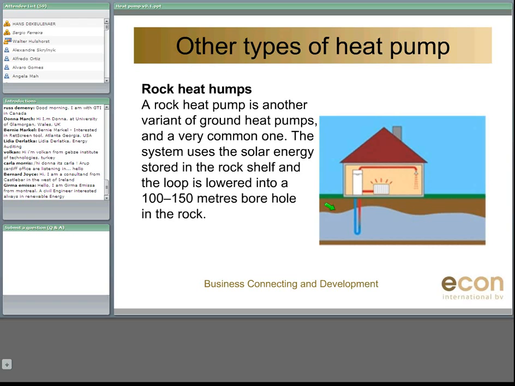Since I also have a cycle where I need some electricity for the pumps, I will need some electricity input. I have an estimation made of about 1 kilowatt, and the total of heat which is now accessible for my home is between 3 or 5 kilowatt hours of heat.